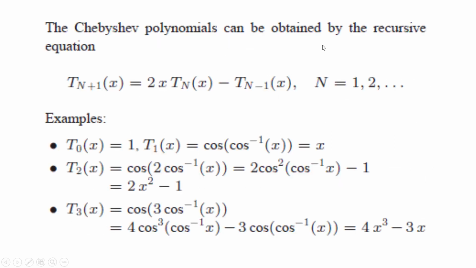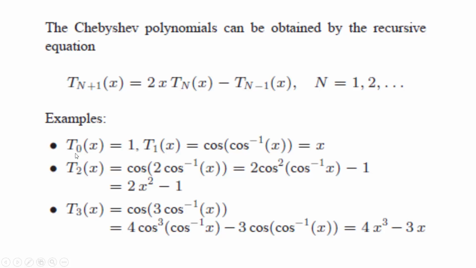The Chebyshev polynomials can be obtained by a recursive equation that we can derive from the Chebyshev polynomial expression given. It says that T(n+1)(x) is equal to 2x Tn(x) minus T(n-1)(x) for various values of n. Now let's see how this expression is generated from these examples.